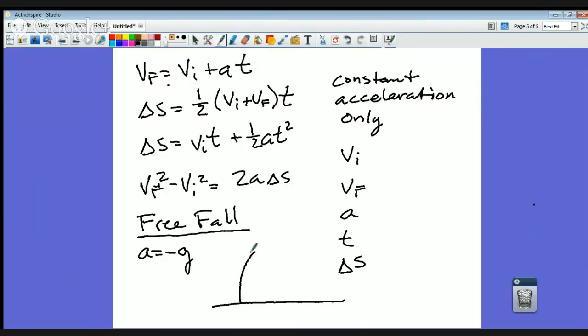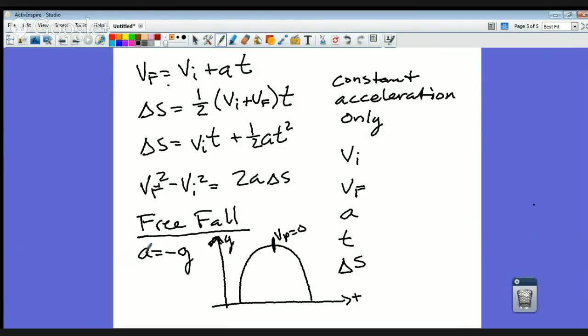Free fall looks something like this. If this is time, and this is your height, which I'll just call y, then at the peak here, we know the velocity is 0, because it's changing from going up to going down. If it changes from positive to negative, it has to be 0 somewhere. So the velocity at the peak is 0, always.